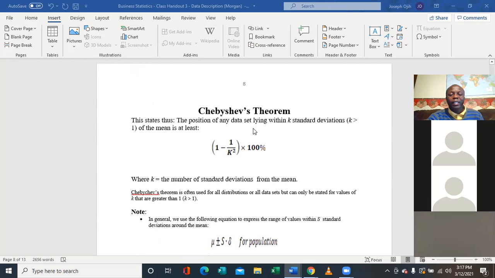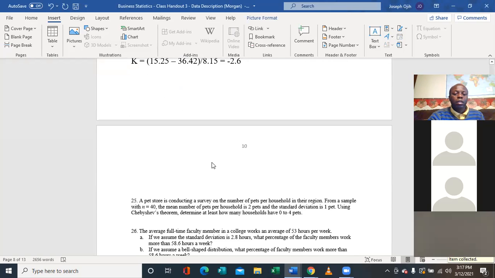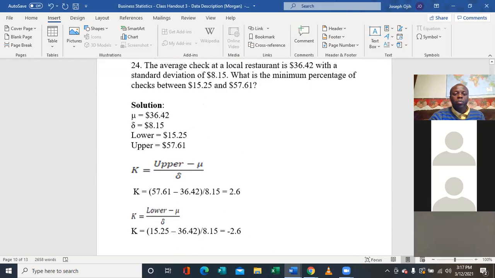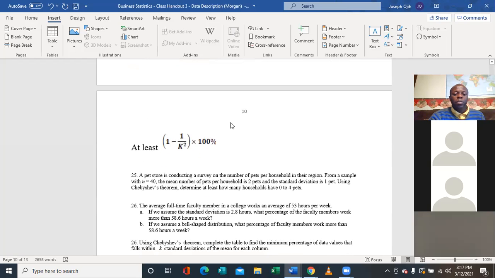It says at least 1 minus 1 over K squared, times 100%, will be the minimum percentage of checks that will be between these two amounts.